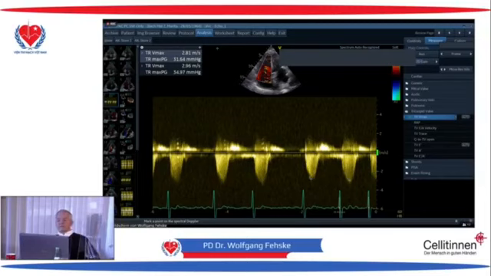So we are happy, and we could close the ASD, but we had some problems in defining if that was really the right way. Okay?